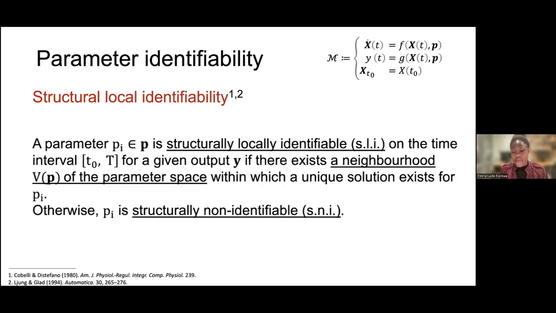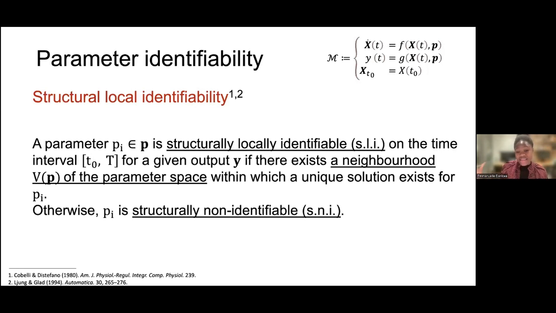We also say that a parameter is structurally locally identifiable, SLI, if a unique solution exists for that parameter within at least one neighborhood of a parameter space. So it could occur that your parameter is structurally identifiable only in a restricted area of the parameter space.